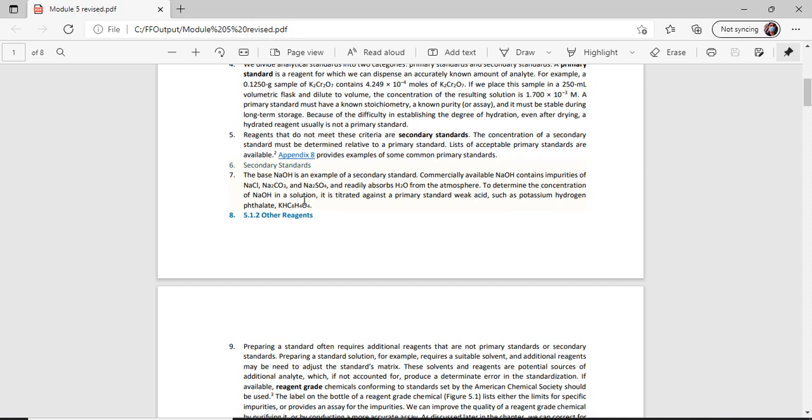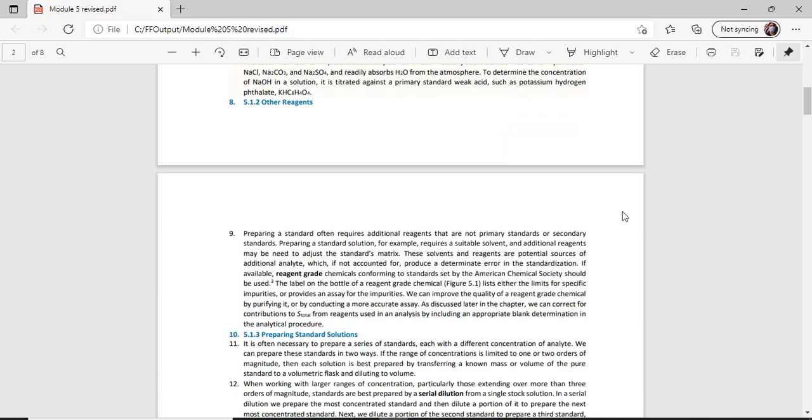To determine the concentration of your NaOH in a solution, it is titrated against a primary standard weak acid, which is potassium hydrogen phthalate, or KHP. K is for potassium, hydrogen, and phthalate; it is an acid, C8H4O4.